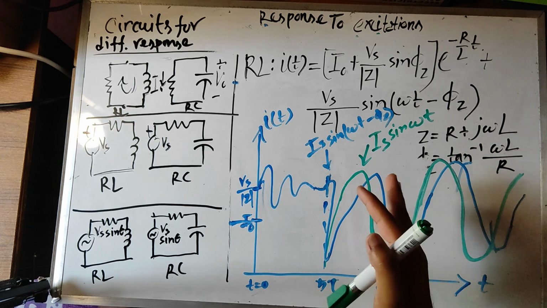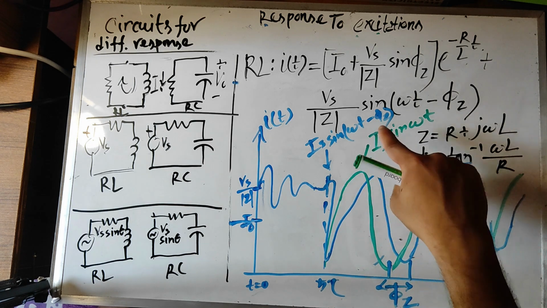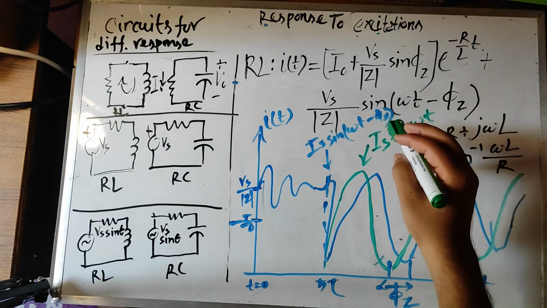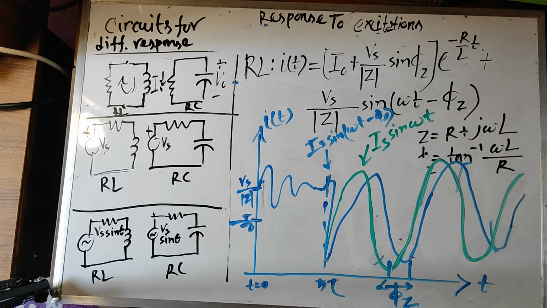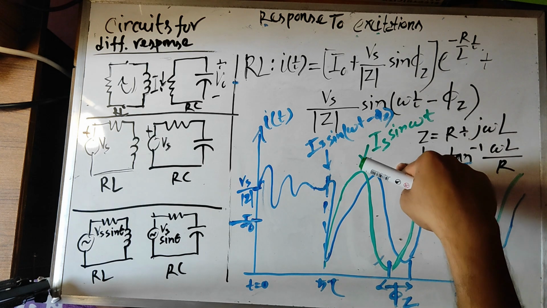The current is obviously sinusoidal, but it has a phase shift. So it has a phase shift phi z, which is this. So this is lagging with the input current.